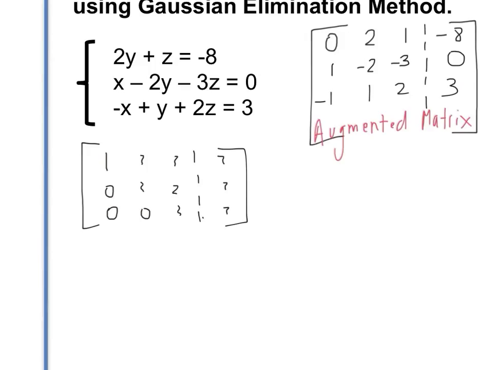Now let's see what we can do. Remember that the first one is row 1, the second one is row 2, and the third one is row 3. So what if we swap row 1 and row 2?